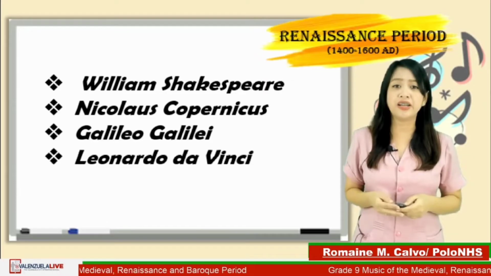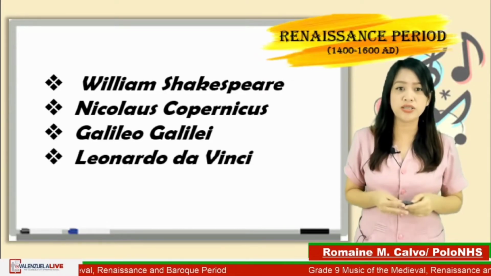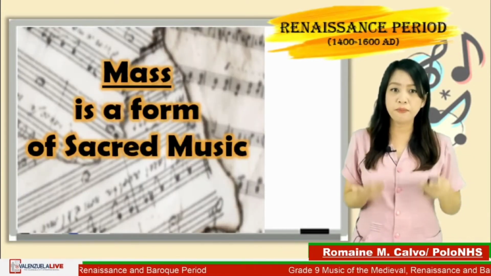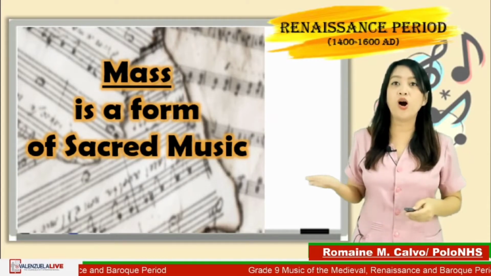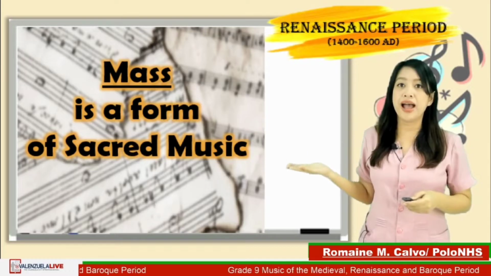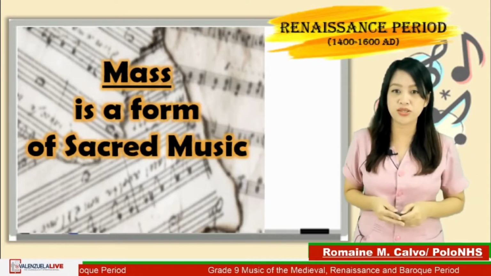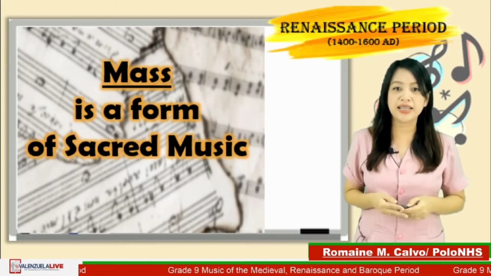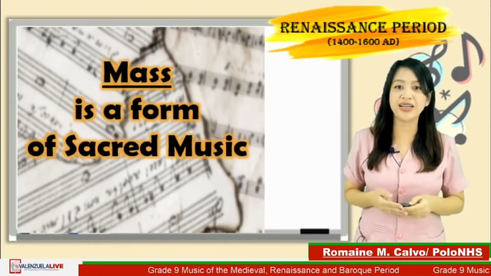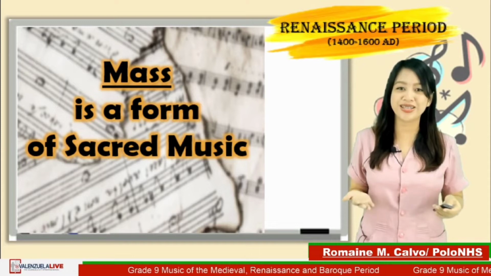However, sacred music was still of great importance, so the church continued to create music called Mass. Mass is a form of sacred music, which refers to the musical composition that sets texts of the Eucharistic liturgy into music.